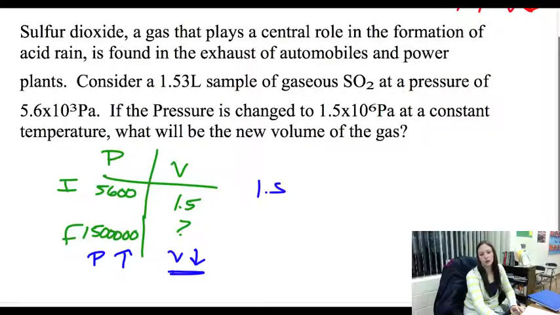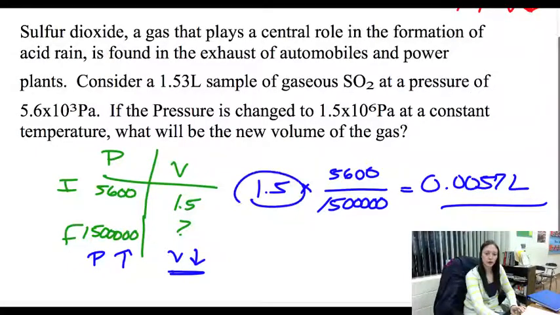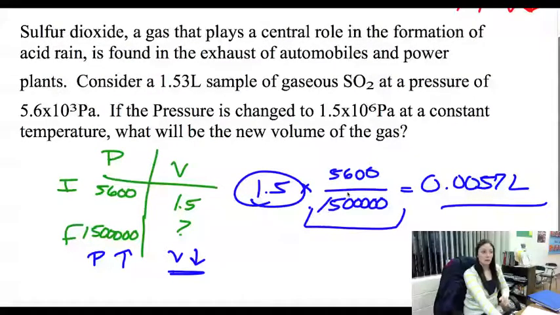So I need to multiply my numbers to make them get smaller, which means the smaller one needs to go on top and the bigger one on the bottom. That gives me an answer of 0.0057 liters. So whatever you're trying to figure out goes first, and then you multiply by the ratio, and whether you want to make the number bigger or smaller decides whether you put the bigger or smaller number on top.